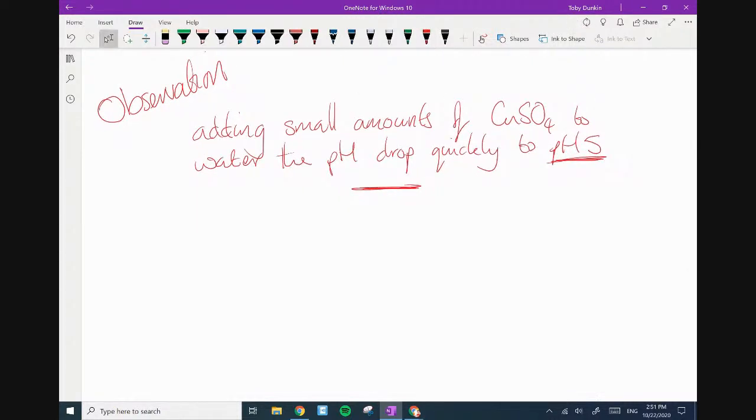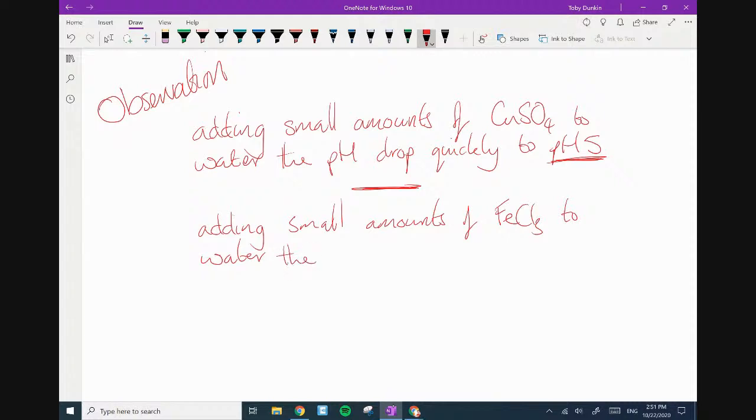Second observation, adding small amounts of iron 3 chloride to water, the pH drops quickly to 3.